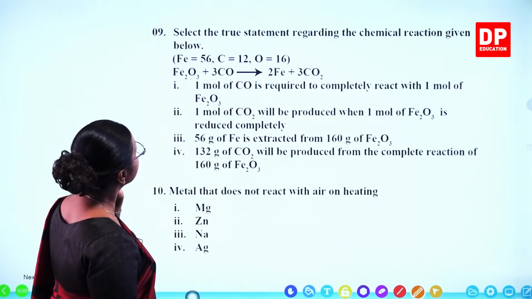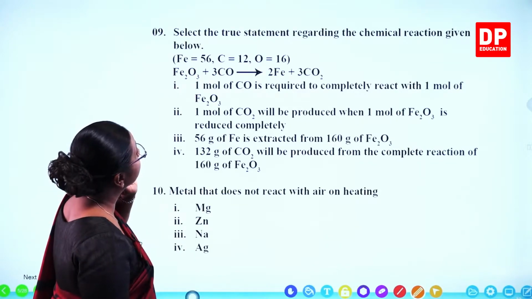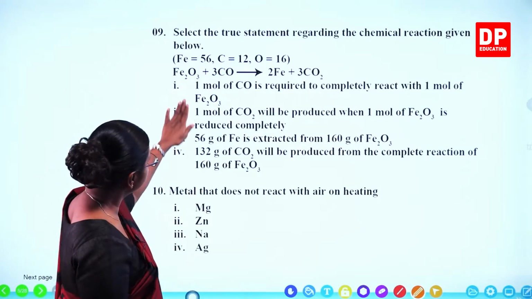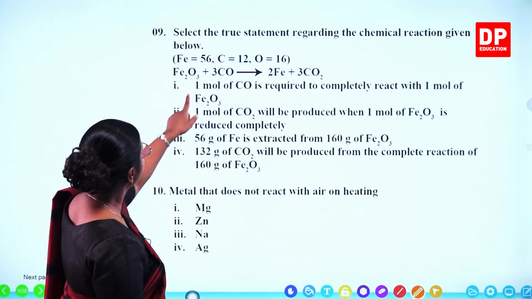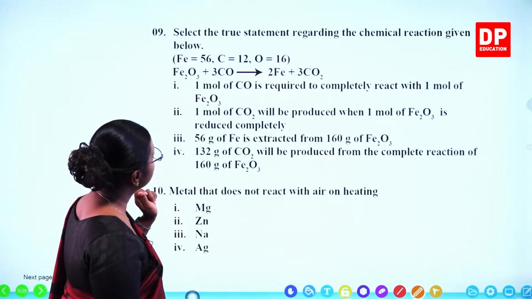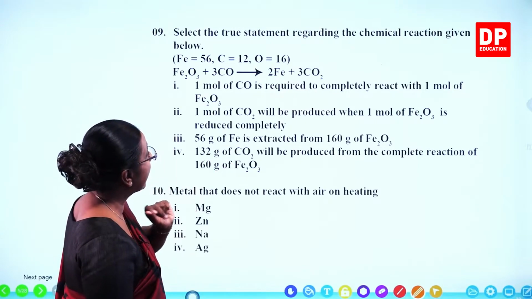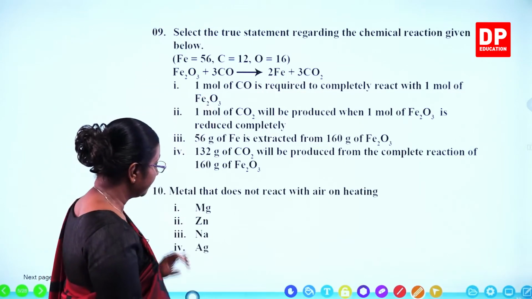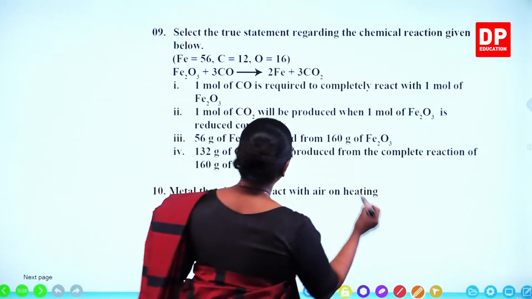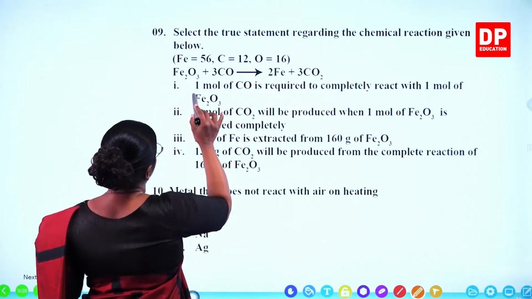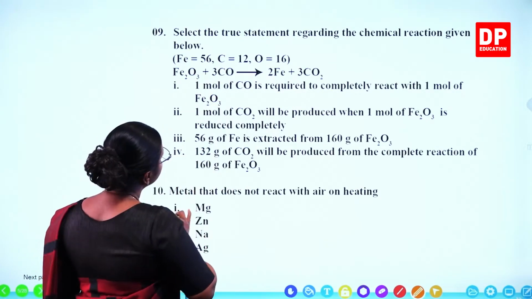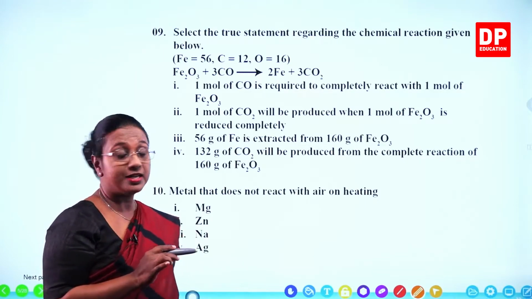If we look at the question, now we need to select the true statement regarding the chemical reaction. If you look at the answers, first one, 1 mole of CO is required to completely react with 1 mole of Fe2O3. Students, you are familiar with this reaction. Now if we take the ratio, here you can see there is 1 Fe2O3, there are 3 CO carbon monoxide molecules.